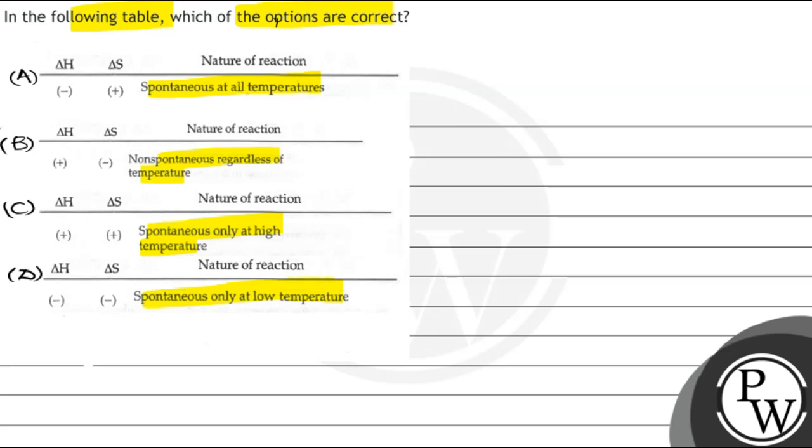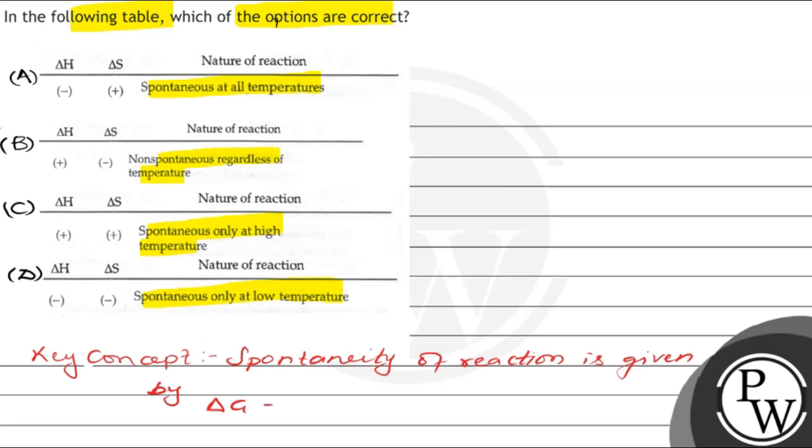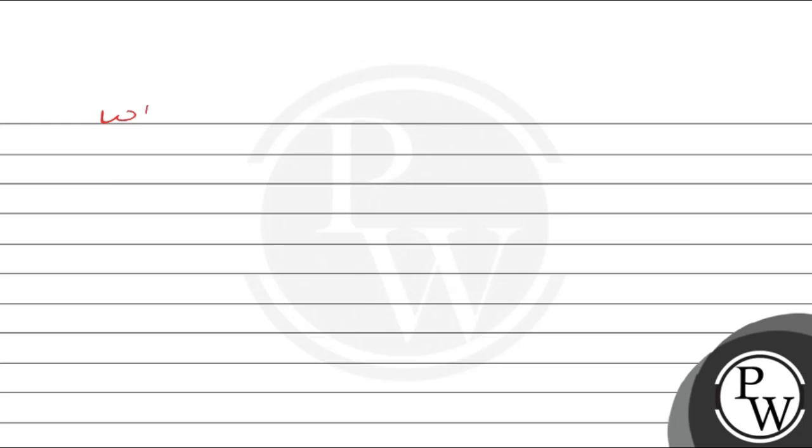So please note that the key concept of this question is spontaneity of reaction, which is given by delta G equal to delta H minus T delta S. When delta G is less than 0, the reaction is spontaneous.